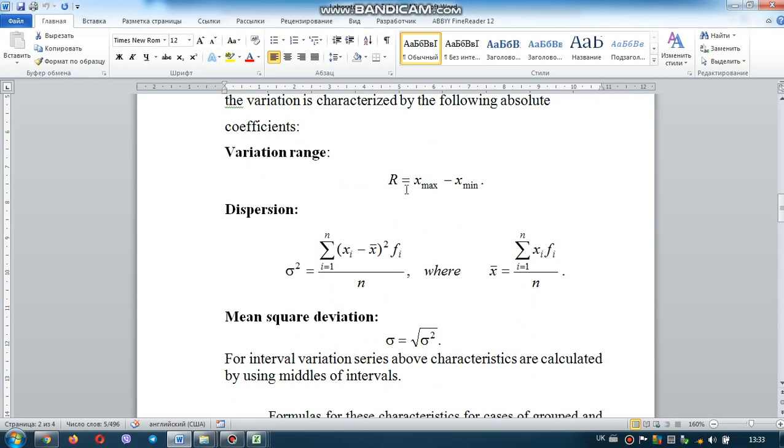To calculate the dispersion, we have to know the variation range. So let's begin.